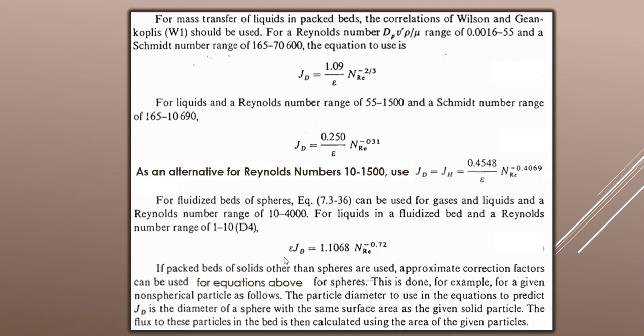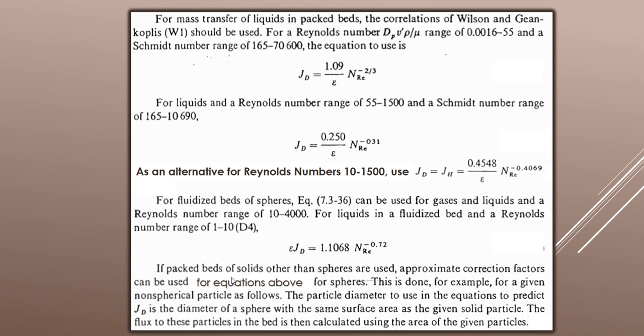We have this epsilon J sub D product, which is equated to 1.1068 times the Reynolds number raised to negative 0.72, which is actually in form comparable to the one on top, only that the void fraction was written here together with your J sub D factor.